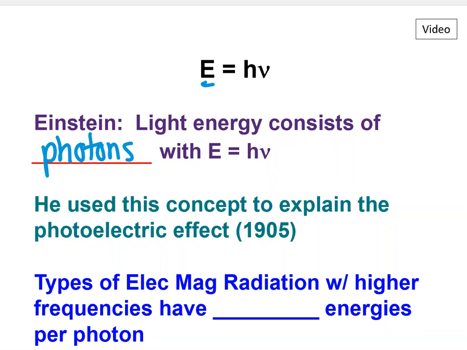And then also the relationship is that the higher the frequency, the greater the energy. He used this idea to explain the photoelectric effect, which we will talk about in a minute.